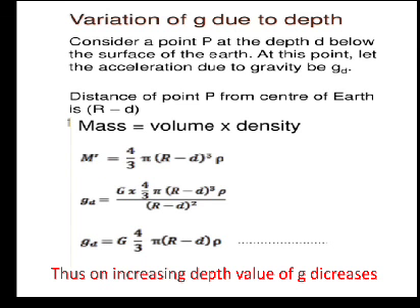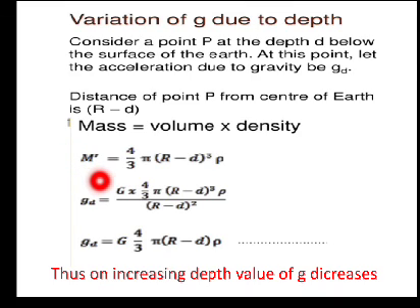So consider the point P at the depth d below the surface of the Earth. Then we get the equation: the distance of point P from the center of Earth is R minus d. Then again, by the equation of density, we get mass equal to volume into density. Suppose the mass of the Earth that exerts gravitational force at depth d is M dash.